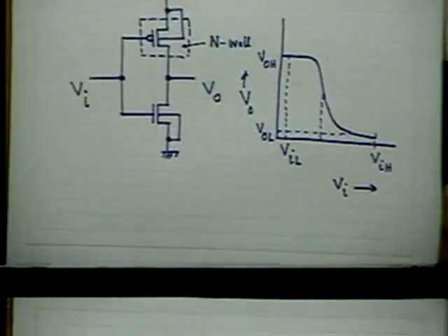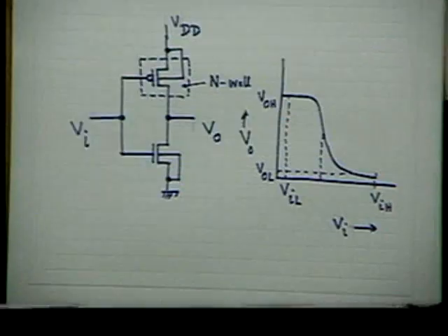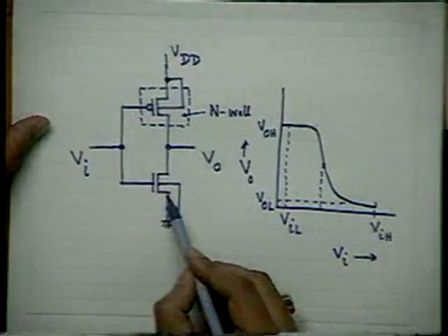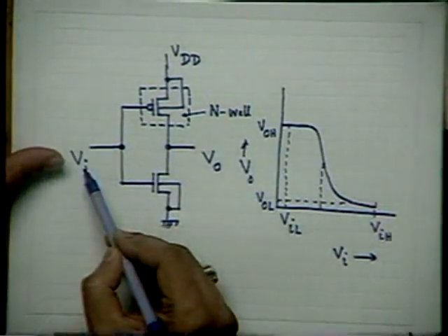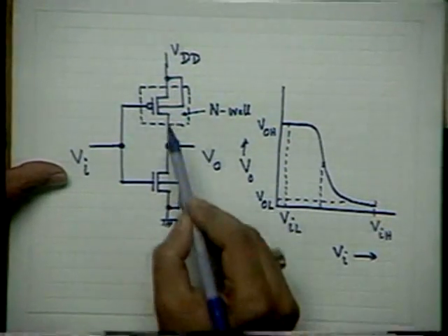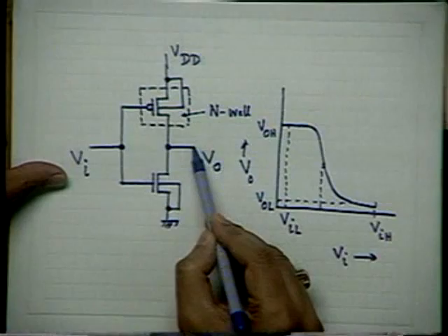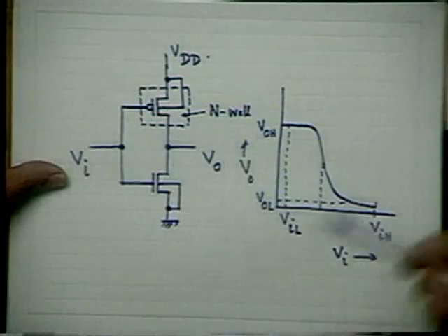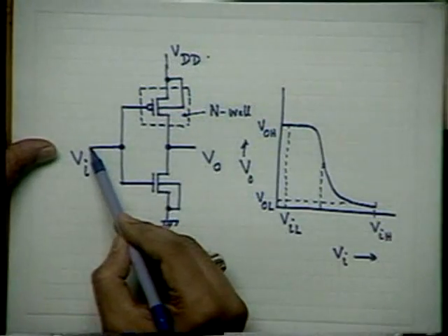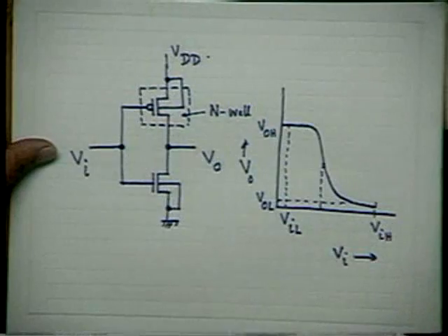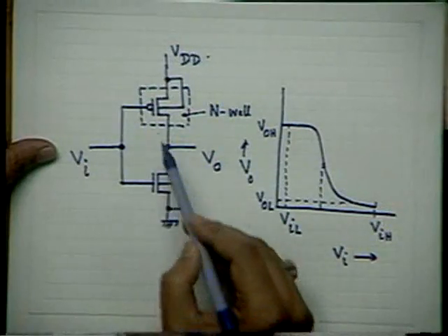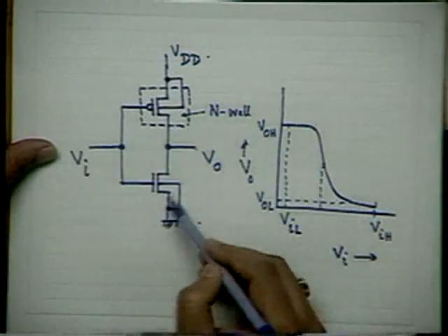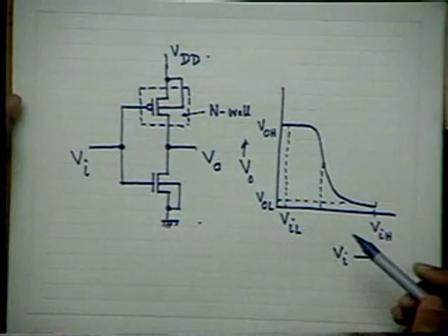You know the advantage of CMOS: in the steady state, one of the transistors is always off. When Vi is 0, this transistor is off and this transistor is on, and then the output node charges to VDD. And when Vi is high, VDD for example, this transistor is on and this transistor is off. So whatever charge was accumulated here discharges, and VO turns to almost 0.